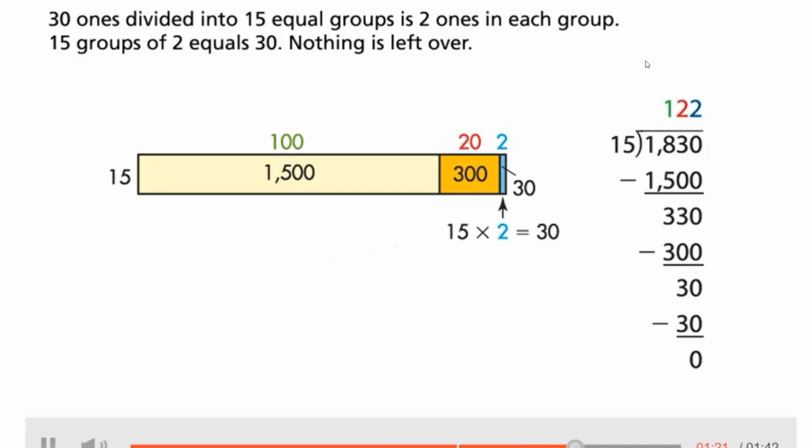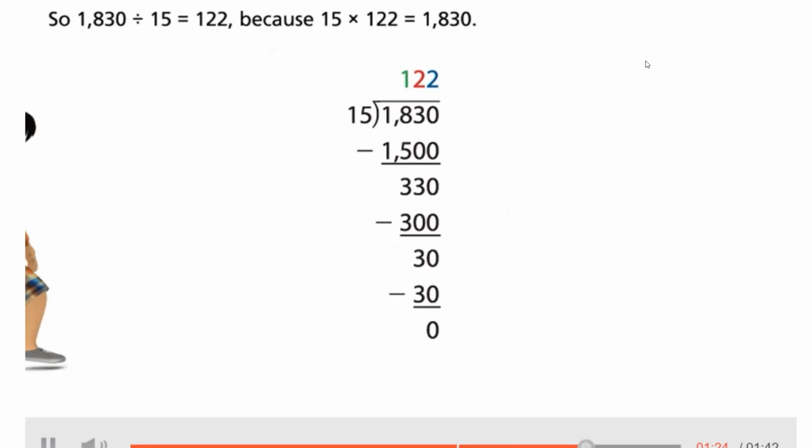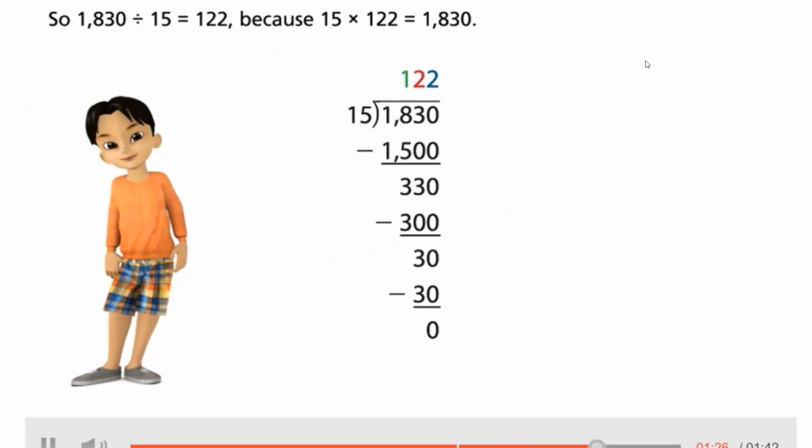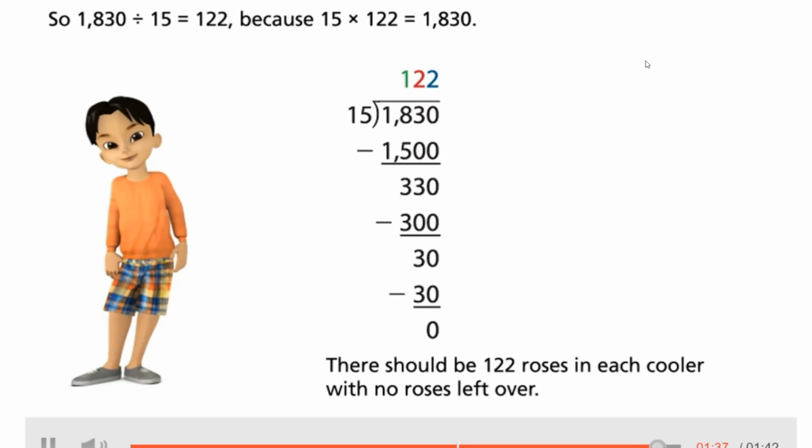Nothing is left over. So 1,830 divided by 15 equals 122, because 15 times 122 equals 1,830. There should be 122 roses in each cooler with no roses left over.